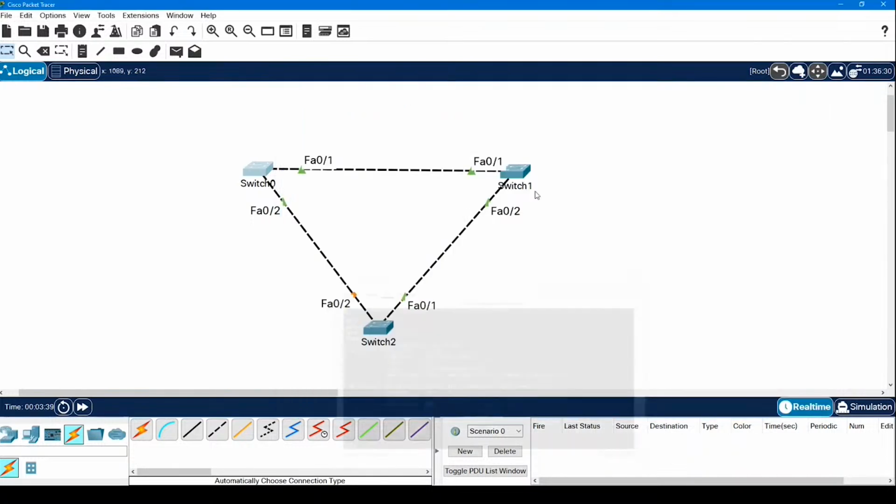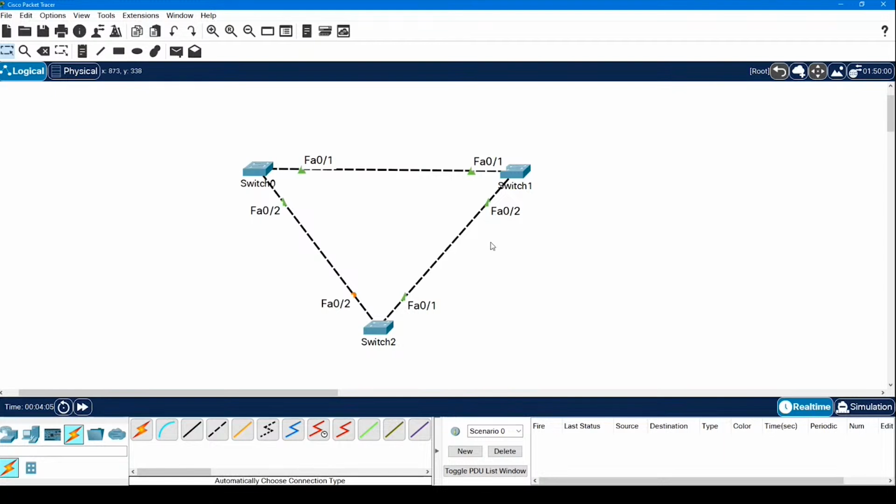I told you before that they exchange BPDU every 2 seconds. So in case this switch doesn't receive the BPDU for 20 seconds, it will make this blocked port green and start forwarding traffic over here.